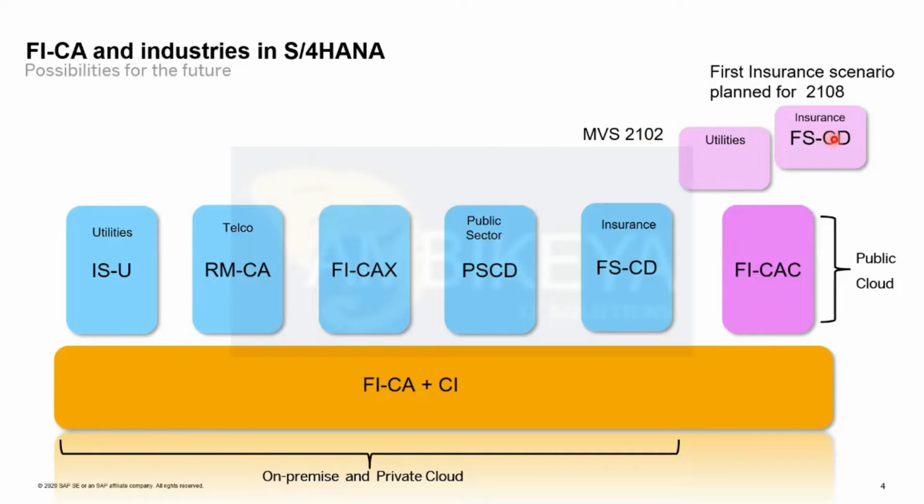And for insurance, it is planned for 2108 to have a first solution, first scenarios available in the public cloud. Okay, so much for FICA and the industries on top of FICA.